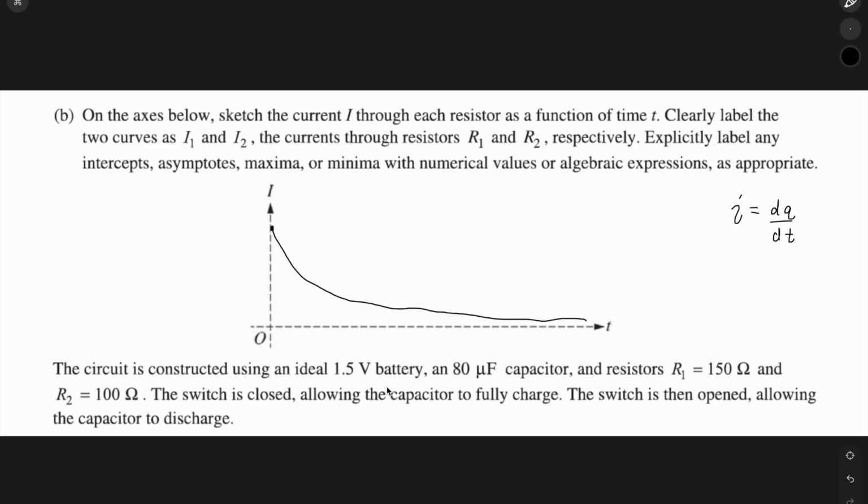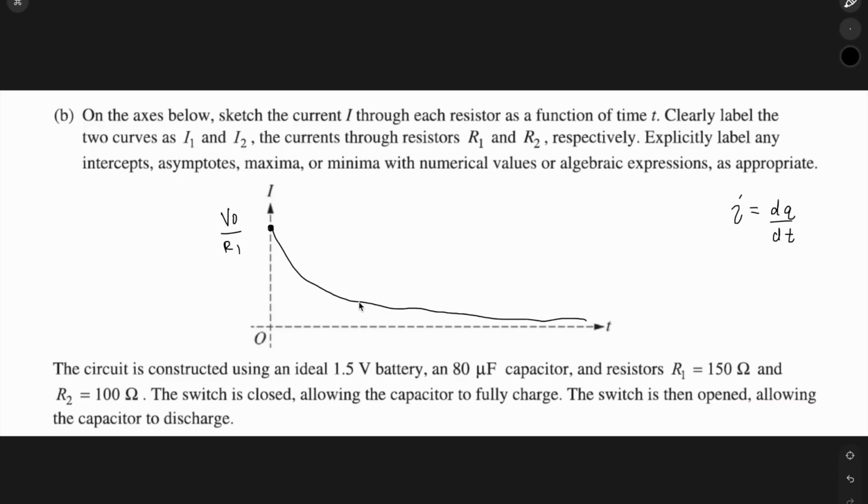Our starting point is going to be V initial divided by R1. This is just the graph of the derivative of the graph that we just drew for Q versus t.